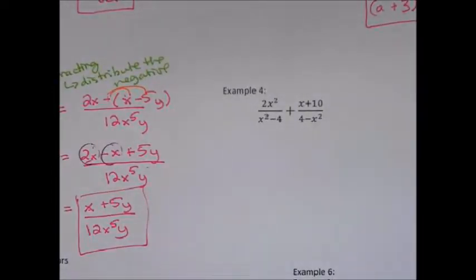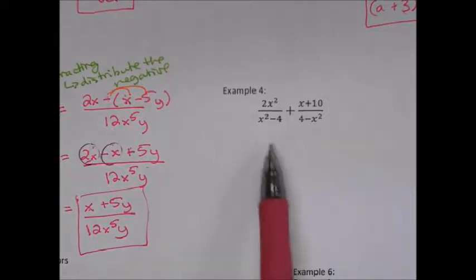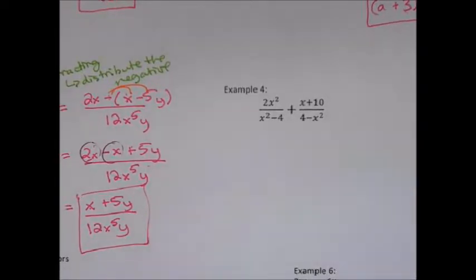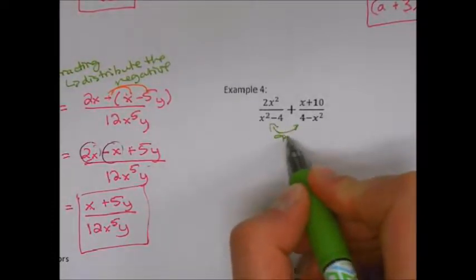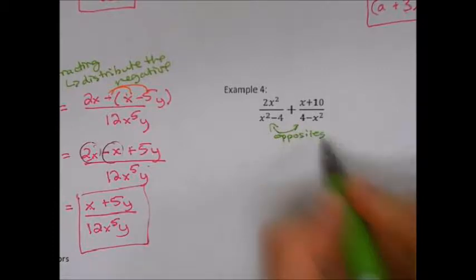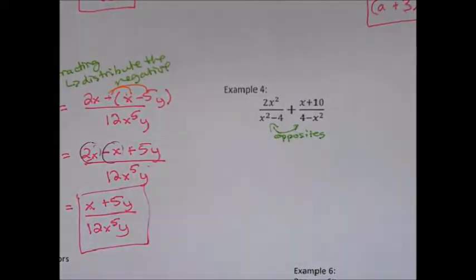Let's look at example 4. Example 4, I notice we don't have a common denominator, but they're the opposite. So in order to fix this, I can take out a -1 from the second one.